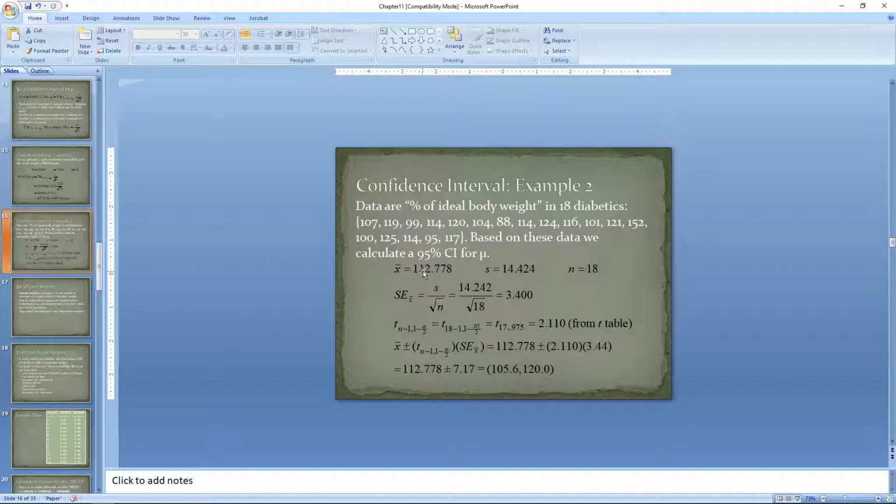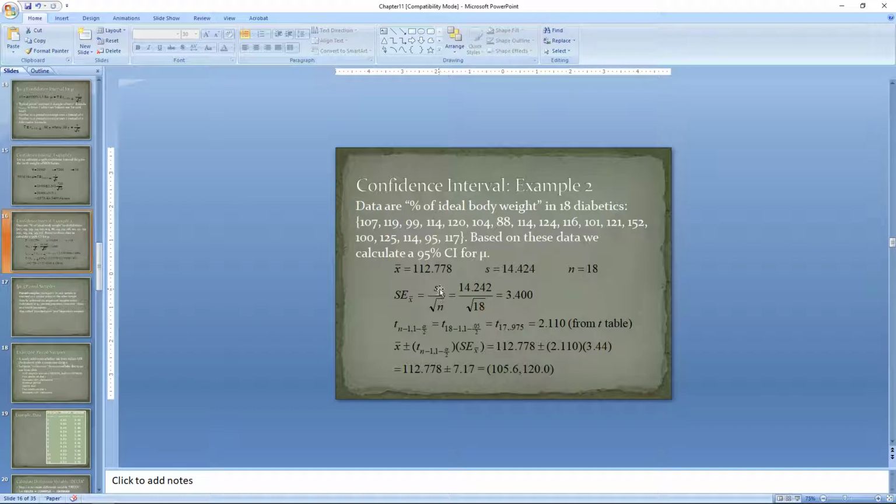Luckily for you, this is already done, but if you did calculate our average, we'd get our x bar of 112.778, and then you'll get a standard deviation. Remember, when you calculate the standard deviation here, make sure you're doing n minus 1 in the equation, and then you have n equals 18.